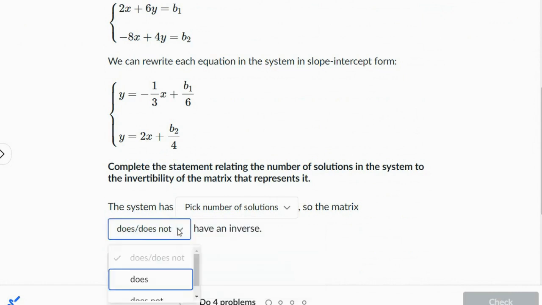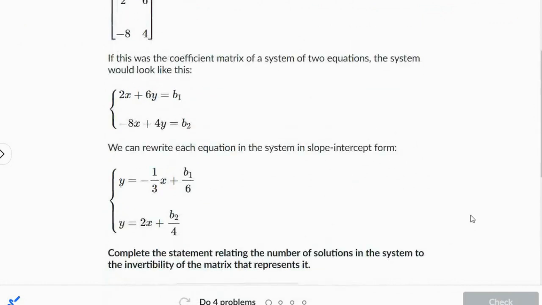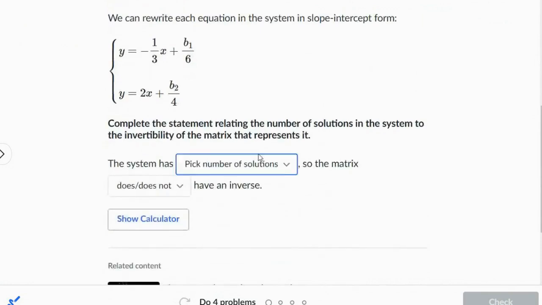And does it have an inverse or not? Well, remember what we just talked about. If they have the same slope, do these have the same slope? No, this has a slope of negative 1/3, and this has a slope of 2. So these are two different lines, which means somewhere they're going to intersect in one place, right?